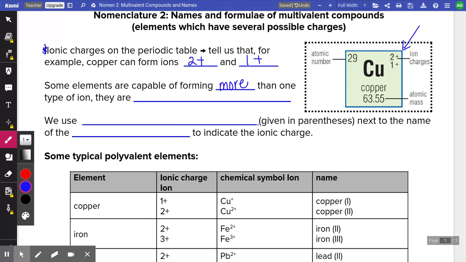And these types of atoms are called multivalent. Multi meaning more than one, and valent meaning valence electrons, okay?